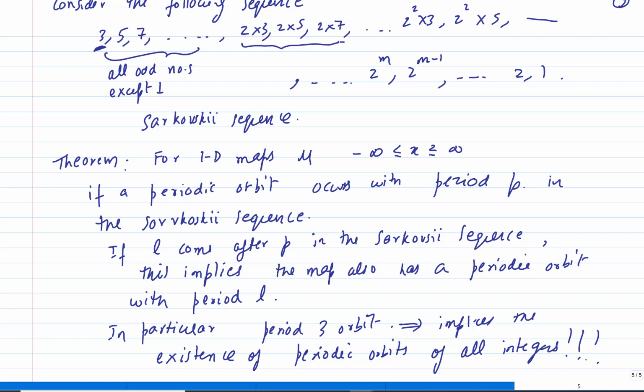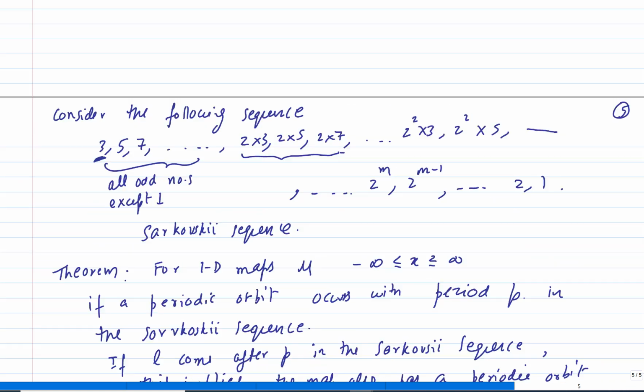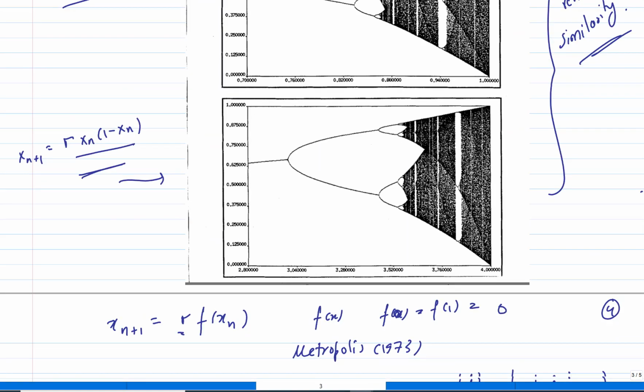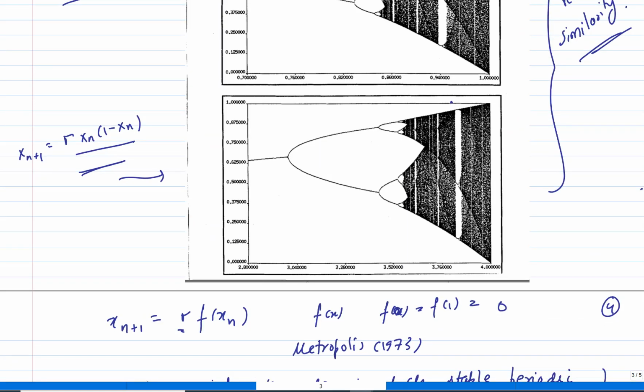Therefore, in the range where the period 3 window is there for the logistic map, in this range for the period 3 window, I have periodic orbits of all possible integers.